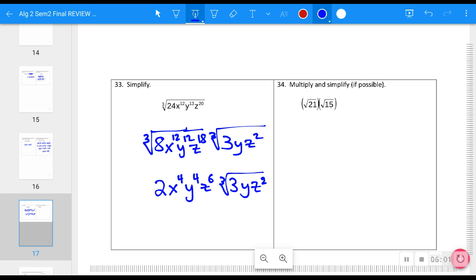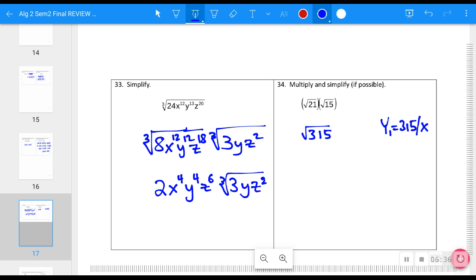Okay, the last one I'm going to do on this video is number 34, and then we'll switch to another installment. Square root of 21 times square root of 15. Hang tight here. I should have multiplied those. 21 times 15. That's 315. Okay, then you go to your y1 line on your calculator and you type 315 divided by x and go to your table of values.